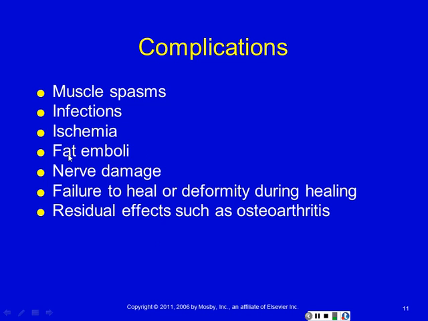So in a big bone break, like a femur, a pelvis, a humerus, we worry about fat emboli, particularly if it's not a simple fracture, but a compound one where the marrow cavity is actually exposed to the vasculature.